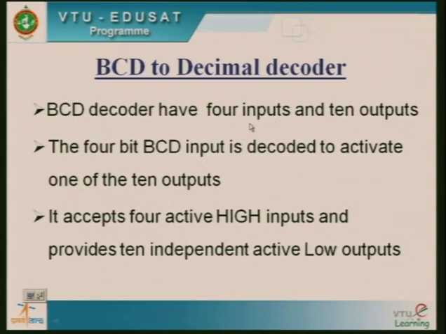Now you can think, if I give 4 inputs, you will have 16 combinations, but here I am going to take only 10 outputs, since it is BCD, binary coded decimal.